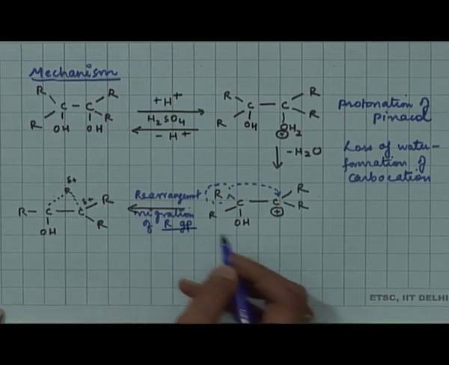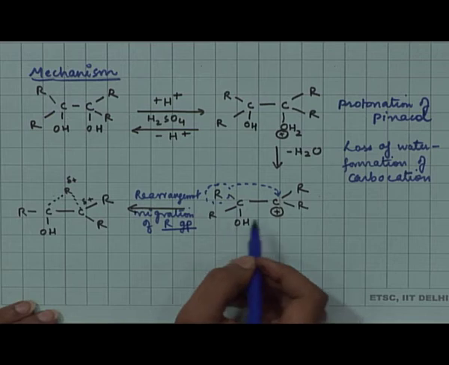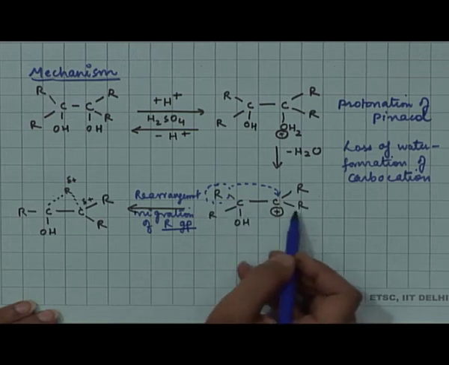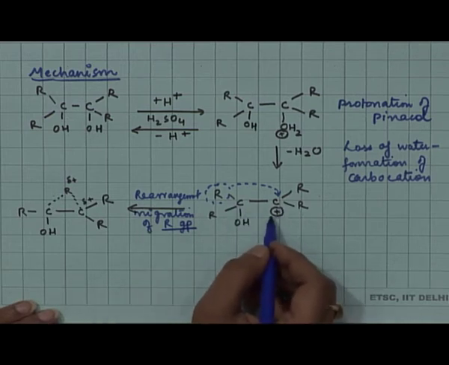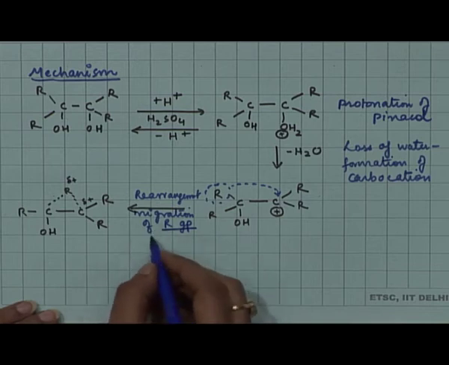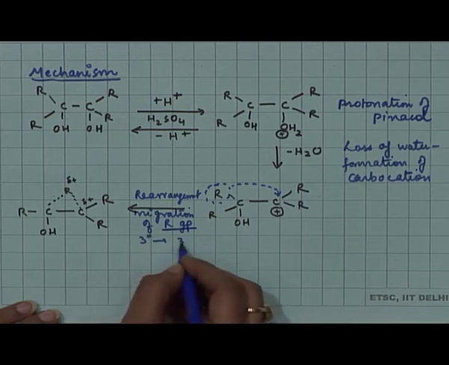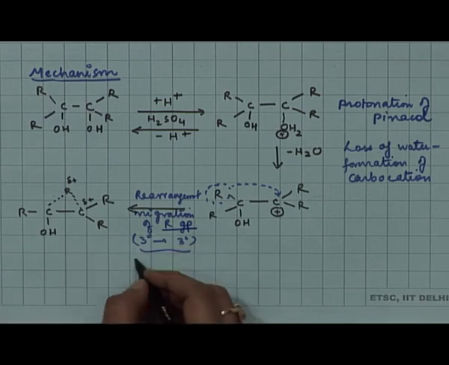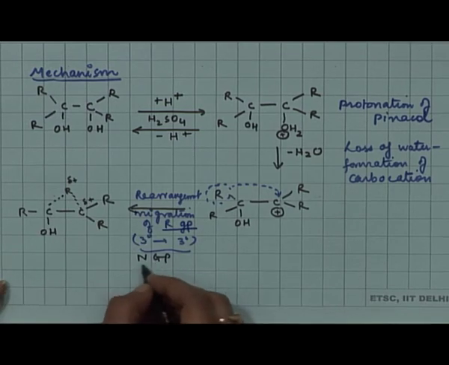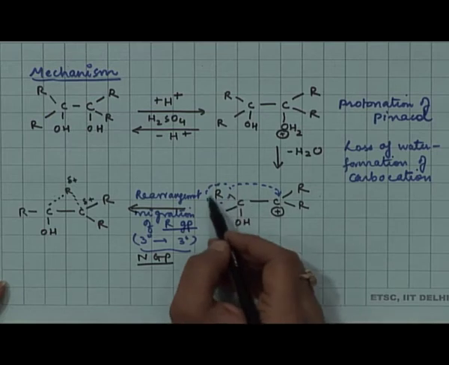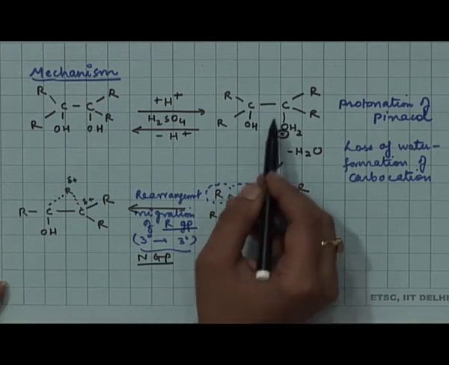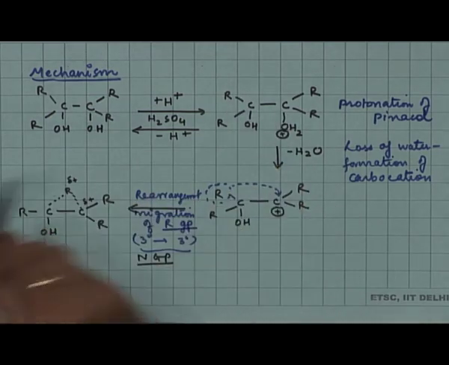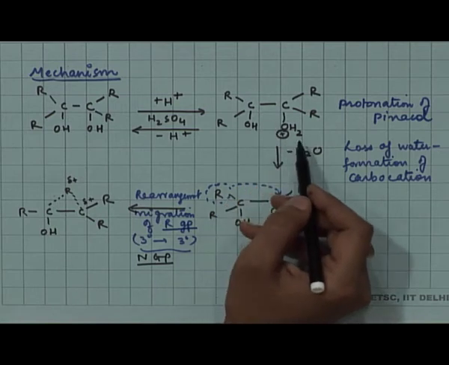But the question is, why would the alkyl group migrate? You are going from a tertiary to a tertiary carbon. It is already a tertiary carbonium ion, but still there is a migration from a 3 degree to a 3 degree taking place. So, why is it happening at all? This is where comes your concept of neighboring group participation, that the alkyl group migration on this carbon is actually what facilitates the elimination of this water molecule.